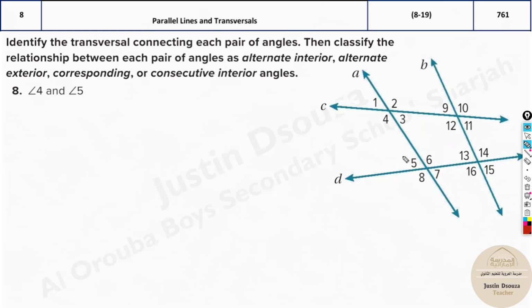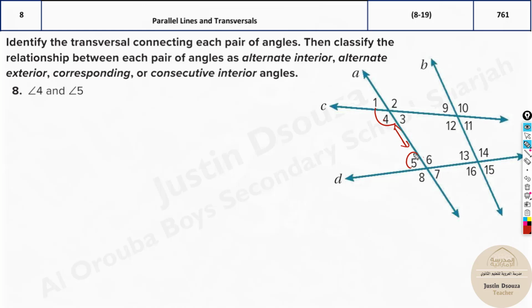So now let us look into questions 4 and 5. Which is the transversal? The transversal is the cutting line, A. And what sort of relation do they have? Inside, they're interior. Are they alternating? No. They're corresponding? Sorry, consecutive. Corresponding is 4 and 8.